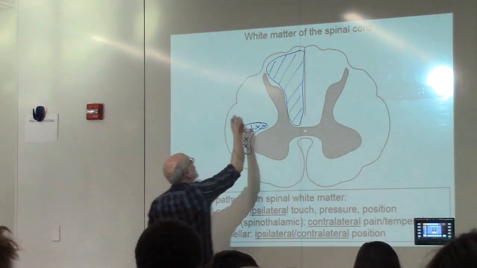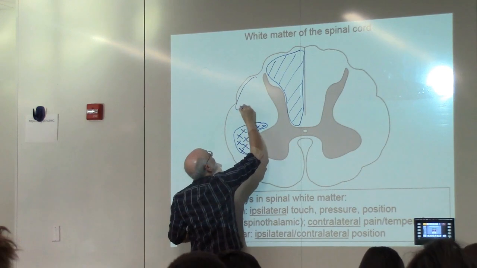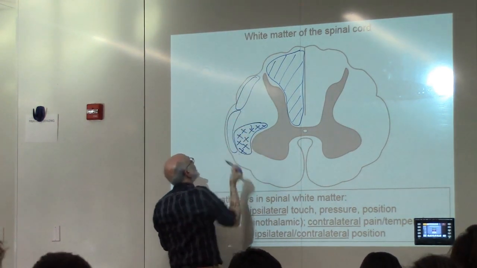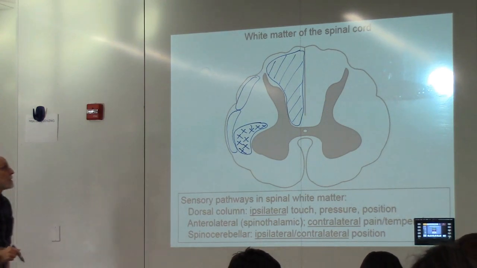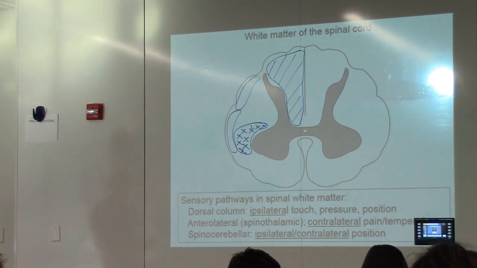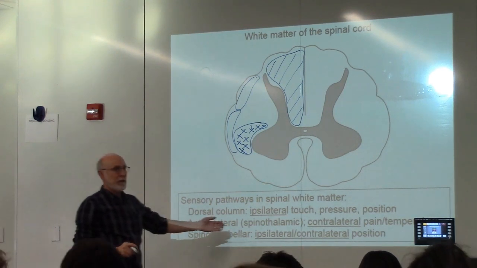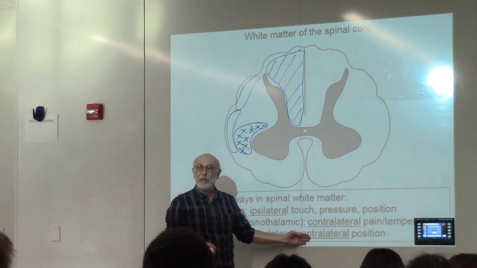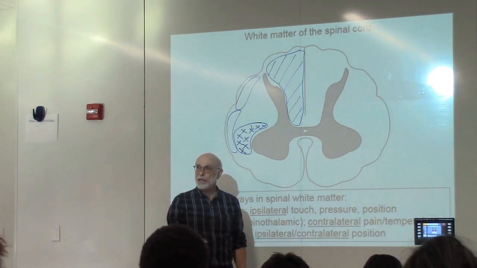And we have the posterior and the anterior spinocerebellar tracts. And some of them are carrying ipsilateral information, and some of them are carrying contralateral information, because some of them are crossed and some of them are not.